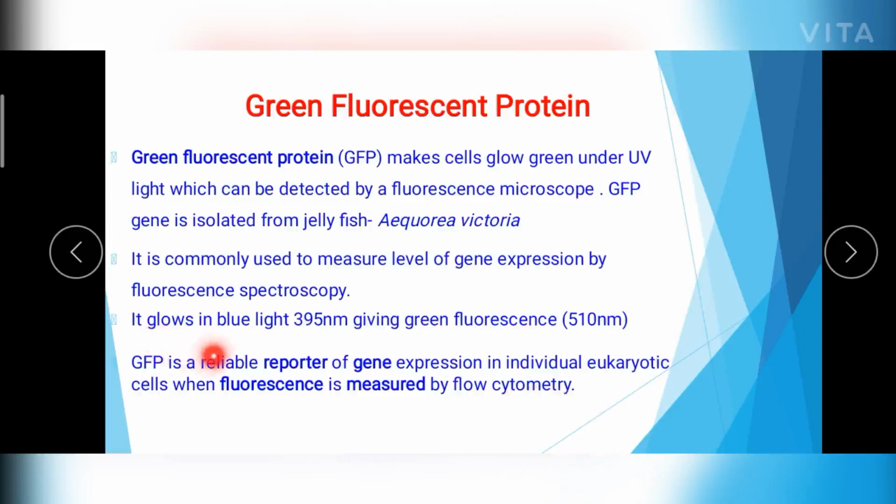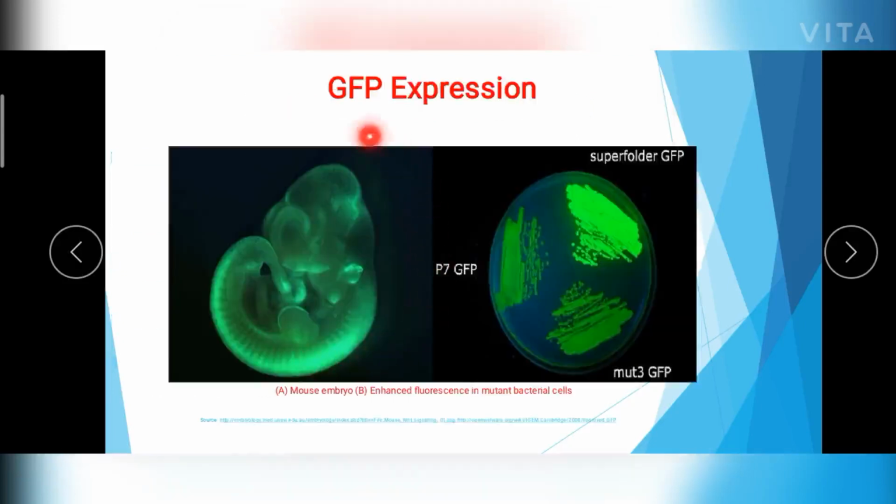This particular protein absorbs blue light at 395 nanometer and gives green fluorescence at 510 nanometer. So this is the way in which the green fluorescent protein is expressed.